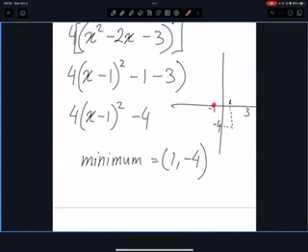It goes through here, here, and here. So when you draw it, yes.